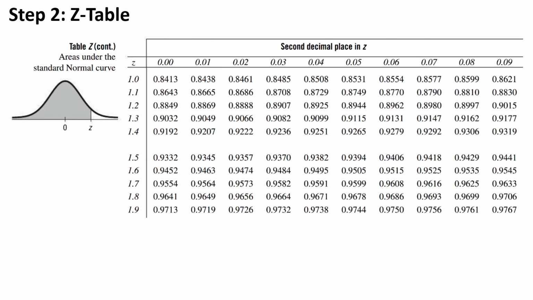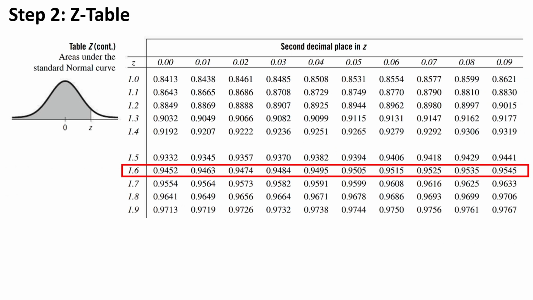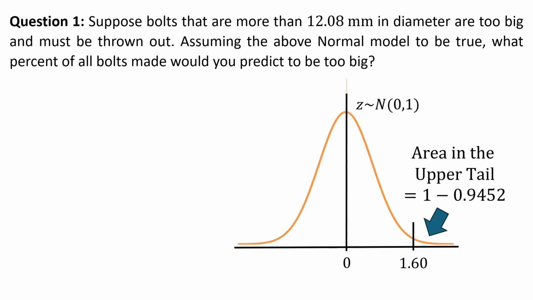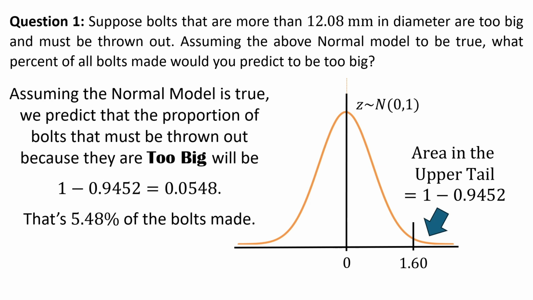So we go to our Z table, and we look up 1.60, and we find that the area to the left of this Z score is 0.9452, meaning the area to the right of it is 1 minus that number. And so we can tell then that the area in the upper tail is 0.0548, and therefore we can say that 5.48% of the bolts made will be too big and will have to be thrown out.